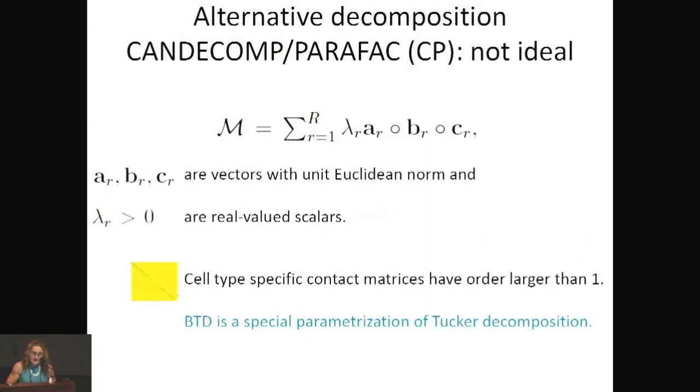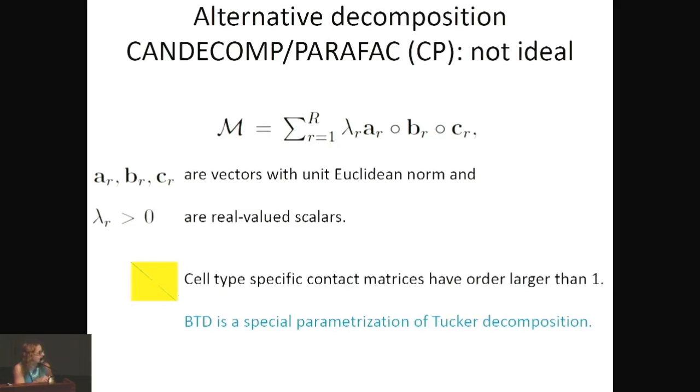So if you know a little bit about tensor decomposition, you might ask why not some simpler decomposition, like CP. There's a known popular tensor decomposition called CP decomposition, which essentially writes the tensor as an outer product of vectors.